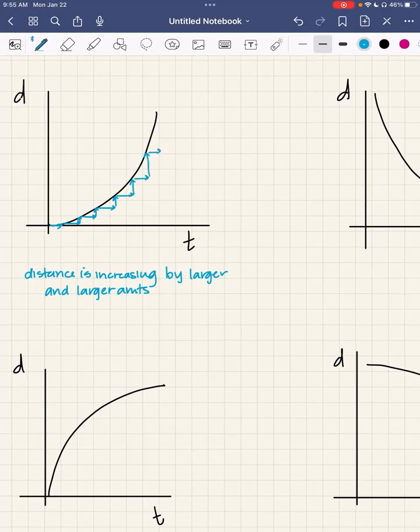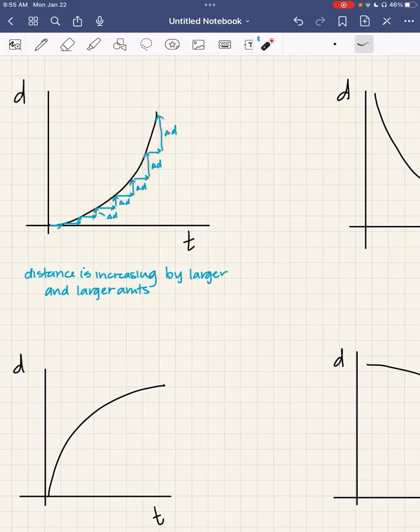I don't know why I always give sound effects, right? But for every second, if these little vertical pieces represent our changes in distance, so every second, our distance is increasing by larger and larger amounts because it's going up, and the length of these lines is representing that distance traveled every second.